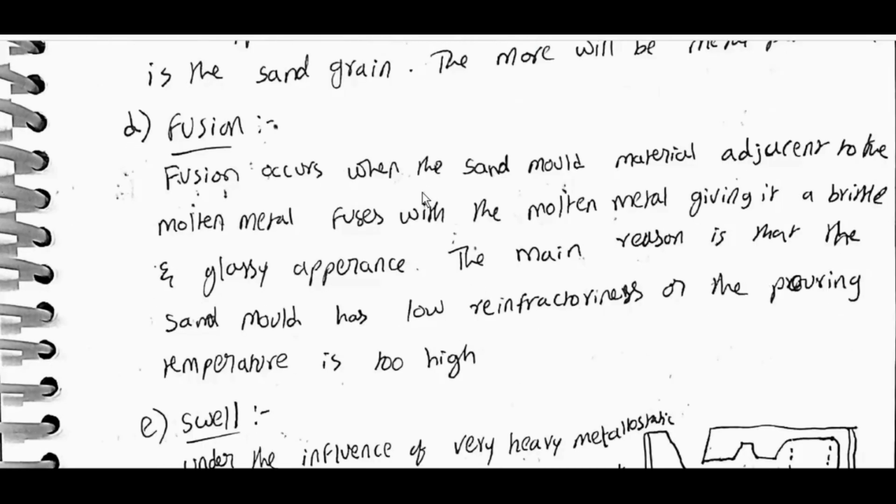Fusion occurs when the sand mold material adjacent to the molten metal fuses with the molten metal, giving it a brittle and glassy appearance. The main reason is that the sand mold has low refractoriness or the pouring temperature is too high.